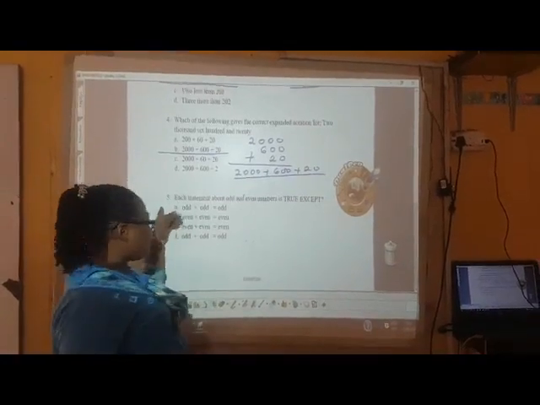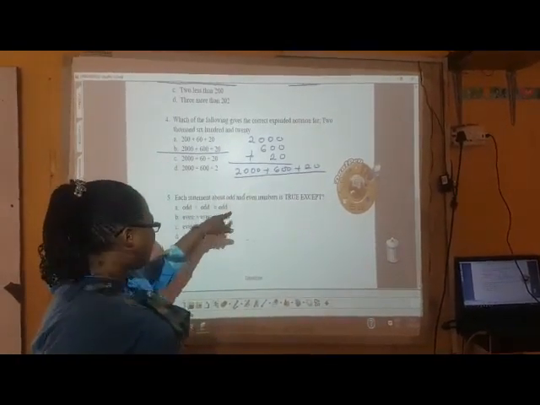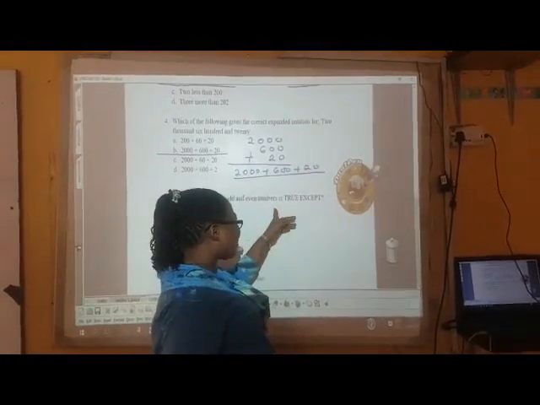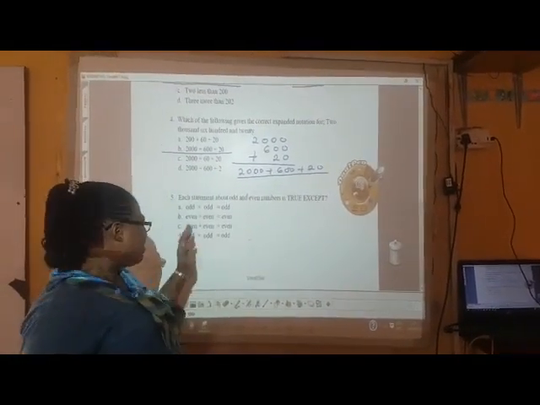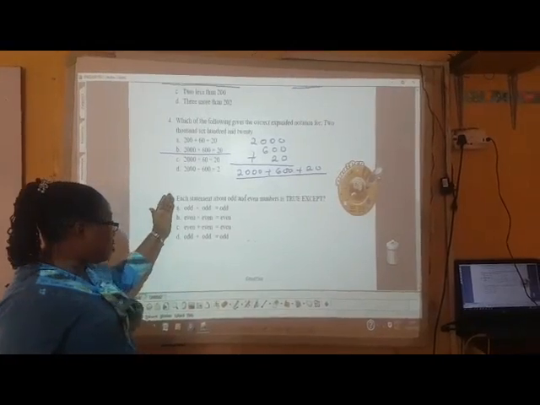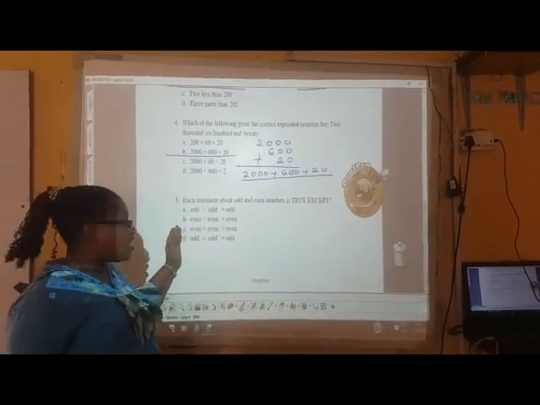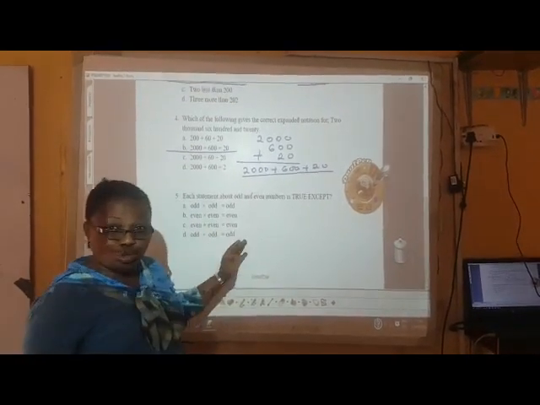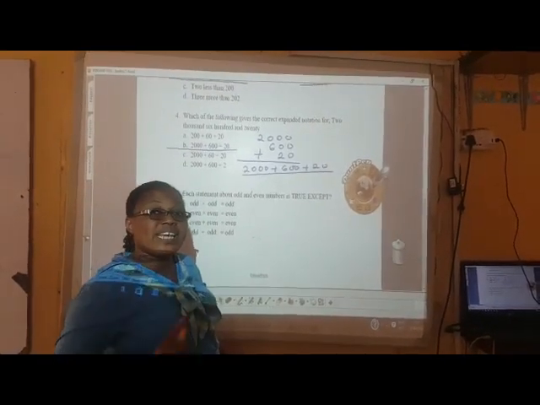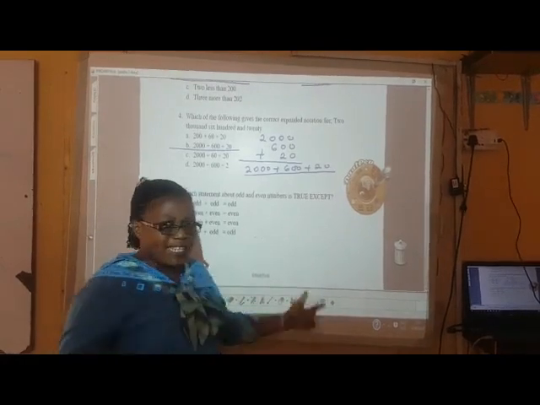Now question 5. Each statement about odd and even numbers is true except one. That means out of the 4 options given here, three options are true, but only one is false. Now let's check it.